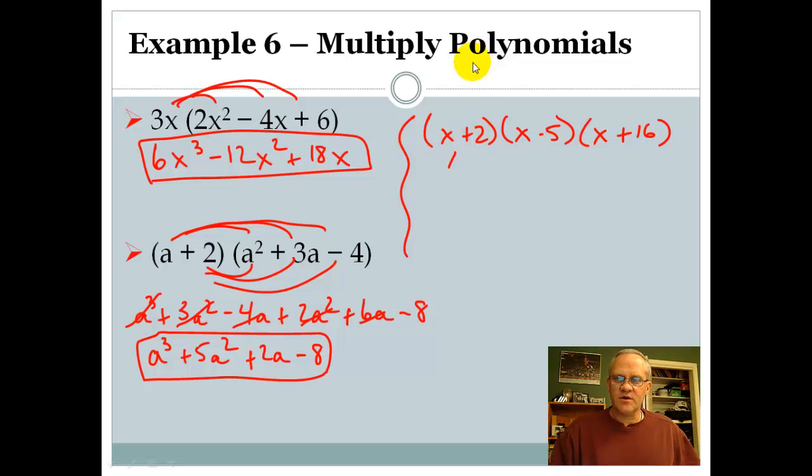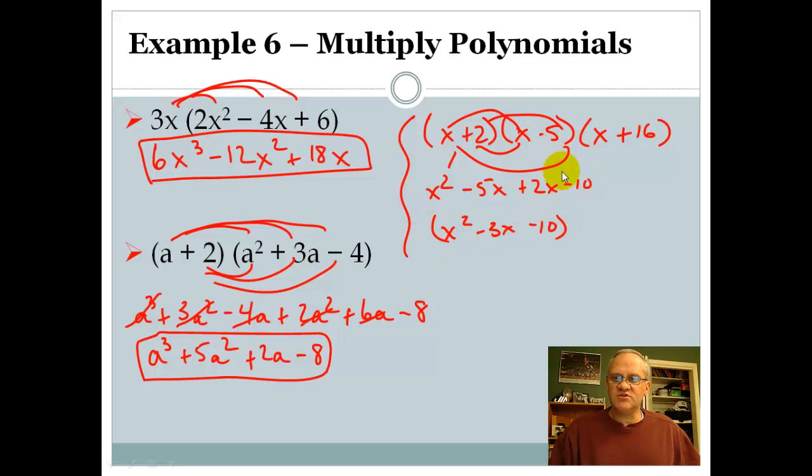Take these 2 and FOIL them first. So multiply these 2 together. So you're going to have x times x is x squared. And you're going to have minus 5x plus 2x minus 10. Combine the like terms, so you've got x squared minus 3x minus 10.